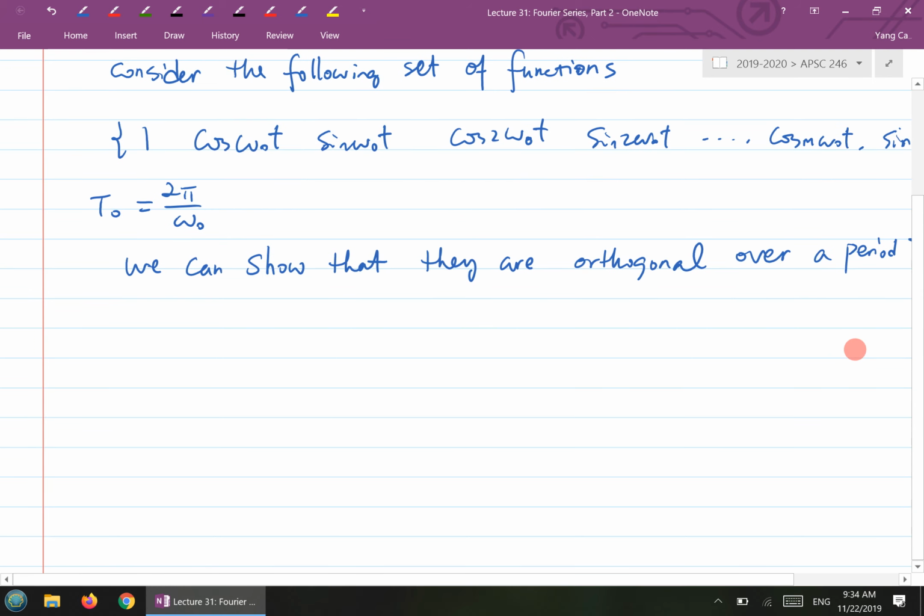So orthogonal, if you recall, means that when you integrate the multiplication of any two of the functions together over the period, you get 0, right? That's what orthogonal basically means.